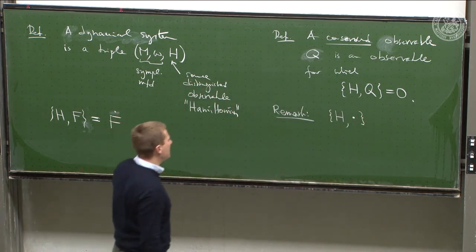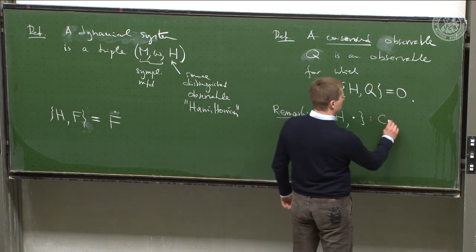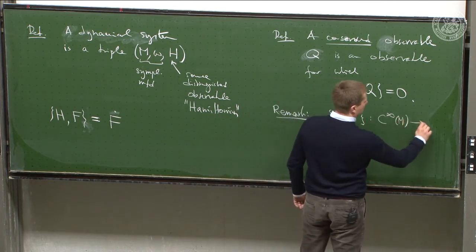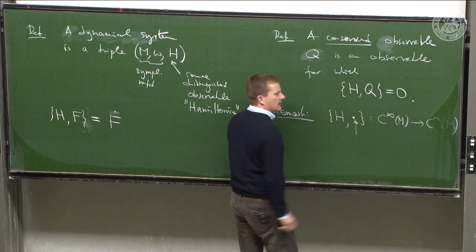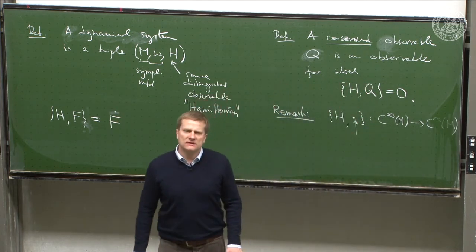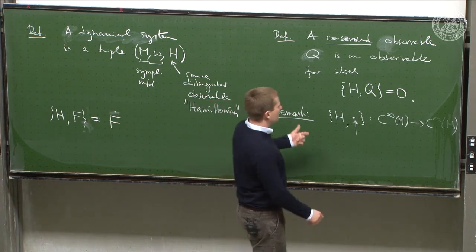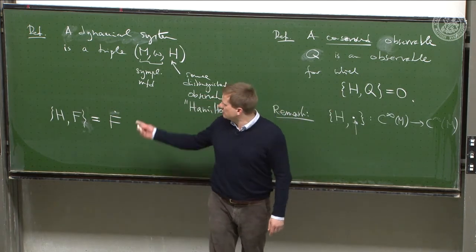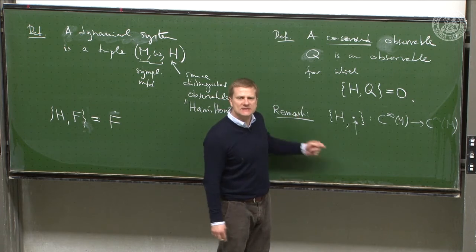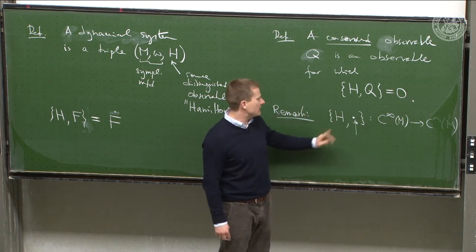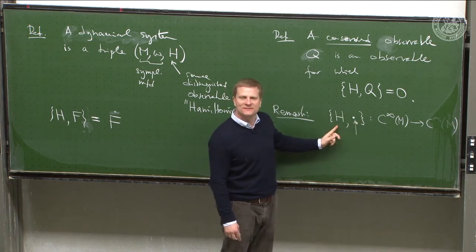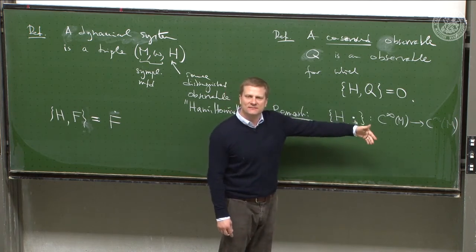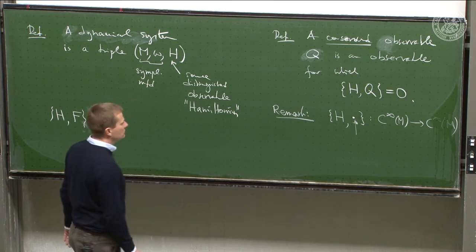Obviously, this is a map that takes an observable into an observable linearly, because it's the observable I can plug in here. So these guys appear, for instance, if you write down the formal solution of this problem. You write it as e to the t times this object, if H is time independent, which then acts repeatedly, and you expand the solution.